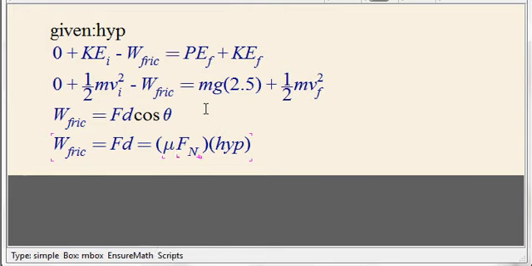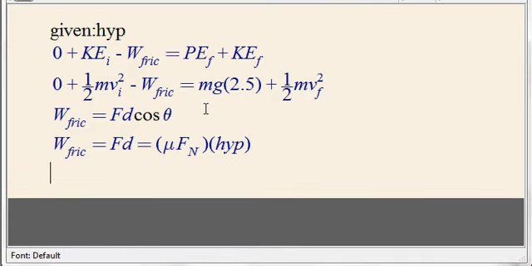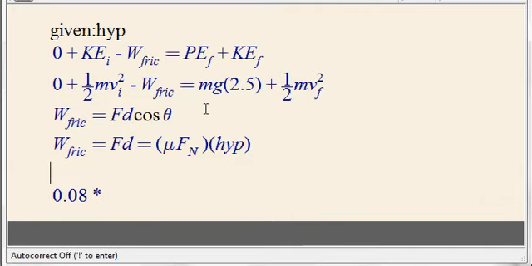And mu is 0.08. And normal force is, let's see. You can get away with just writing mg cosine theta here.